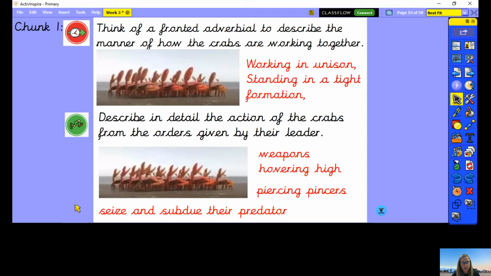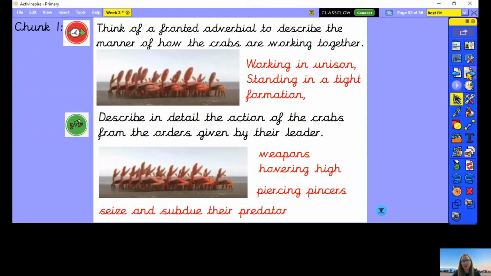They are about to seize and subdue their predator. So think about some ideas there that you might want to use in your writing. Or if you've chosen a different animal to write about, think about some good vocabulary that you can use to describe how your animal takes action given by their leader.